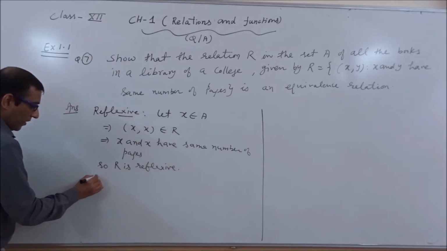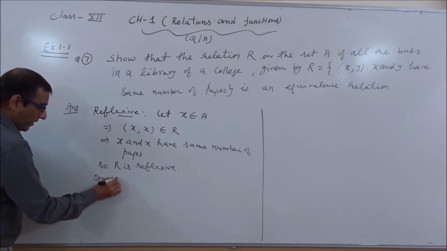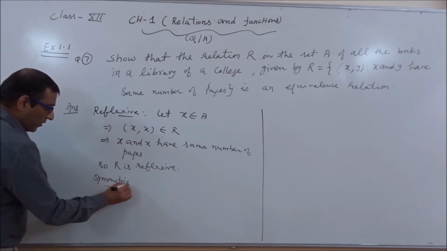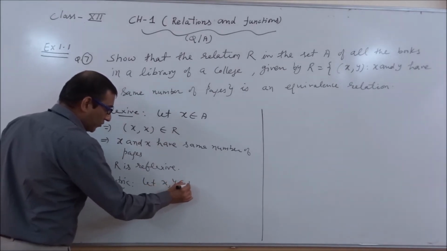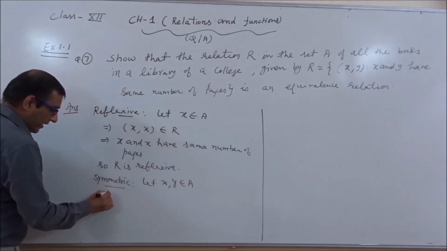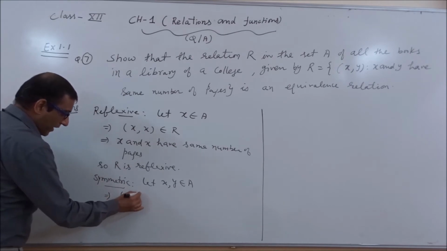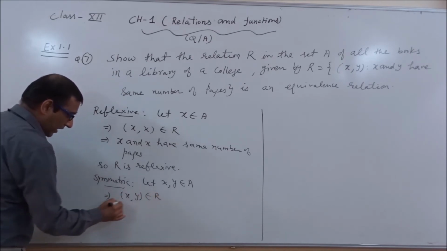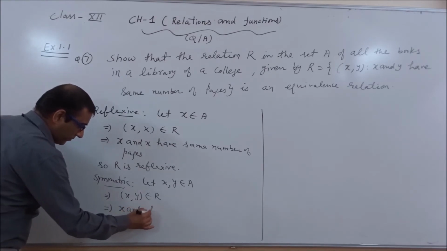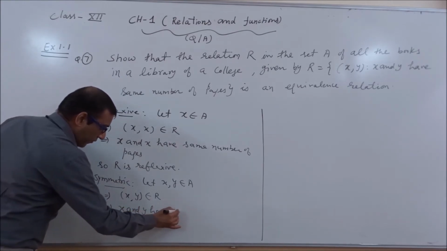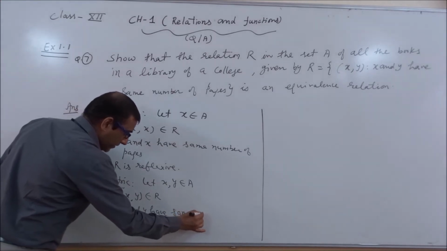After this we will continue with symmetric. Here we will take two elements, let X, Y belong to set A, and (X, Y) is a member of relation R. It means X and Y have the same number of pages.